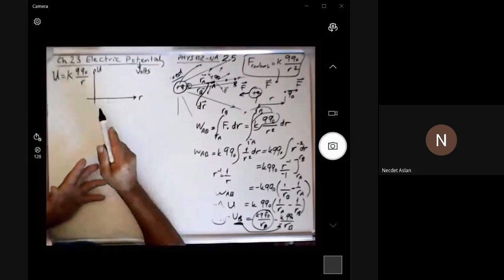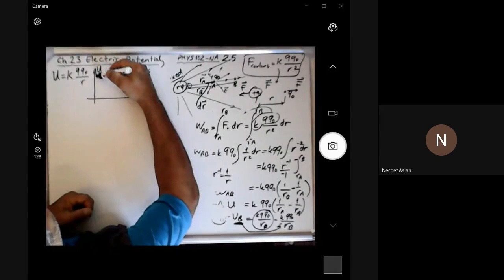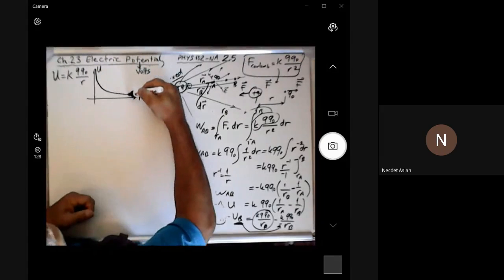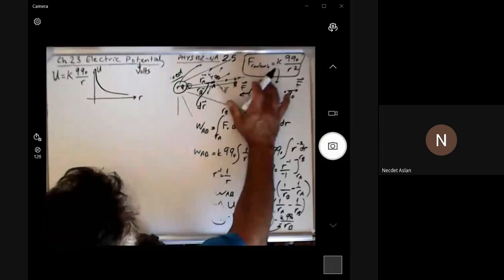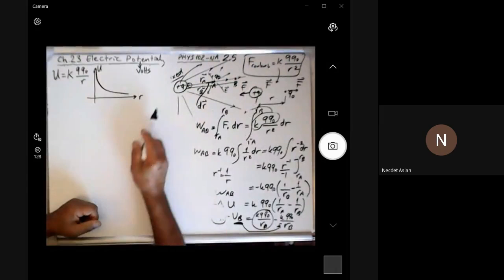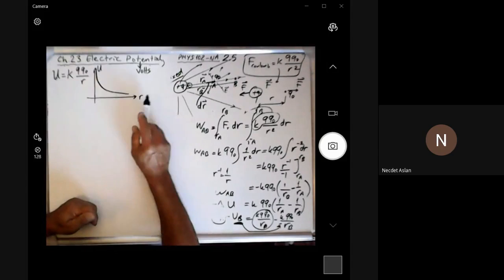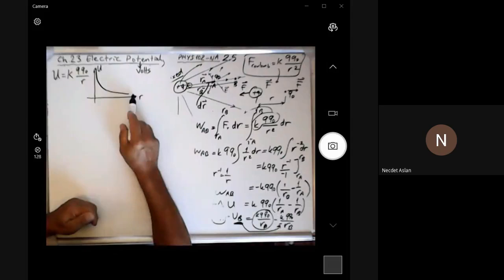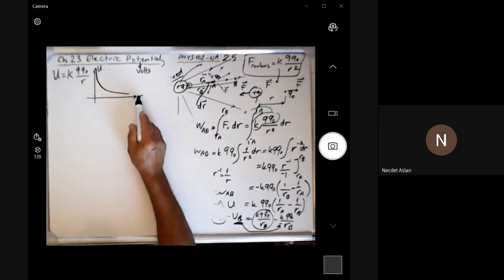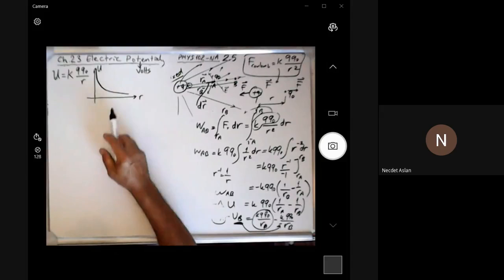It never happens. But when R is very small, the potential energy is extremely large. Now when these charges get away from each other, in other words, this charge gets away from the charge which produces the electric field, the potential energy of the two-charge system reduces to zero. But it becomes zero only at infinity, as you see. It's a long-range interaction, a long-range effect.